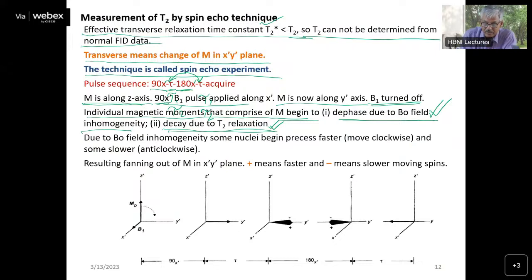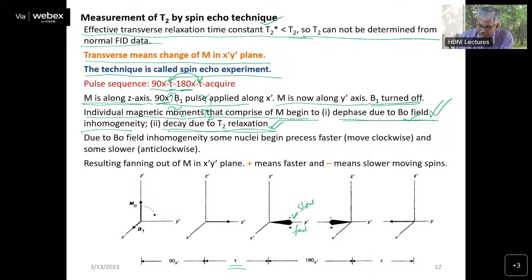Because of this B0 field non-homogeneity, once you bring the magnetization into the y-axis and you give a delay of tau, you will see that some spins are fanning out. Some spins are moving slowly; this side is slow, this side fast.